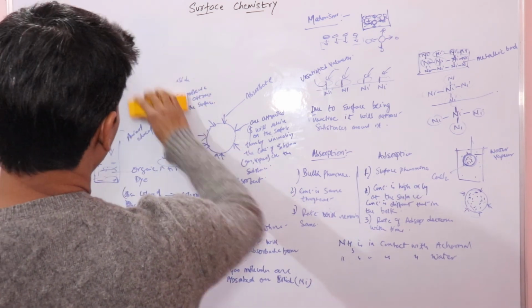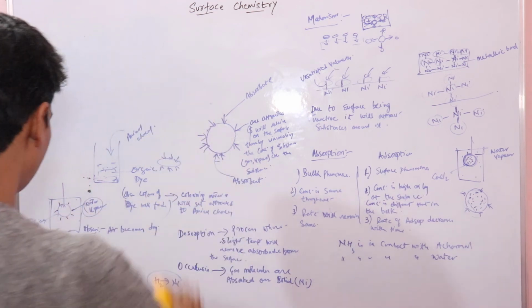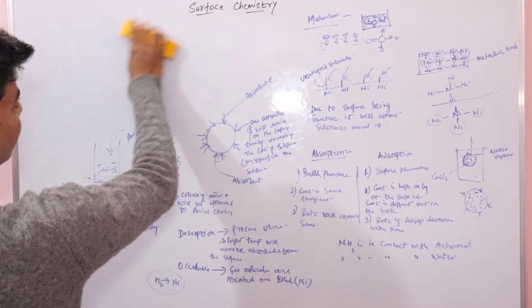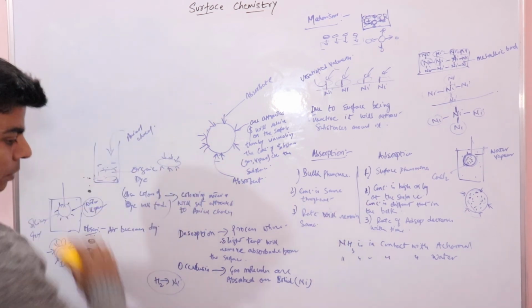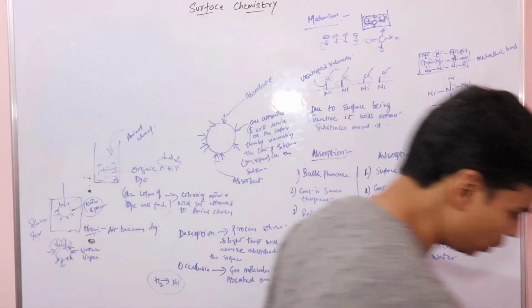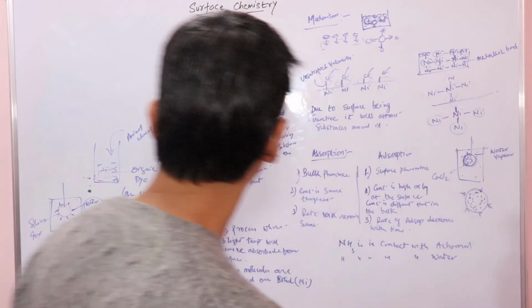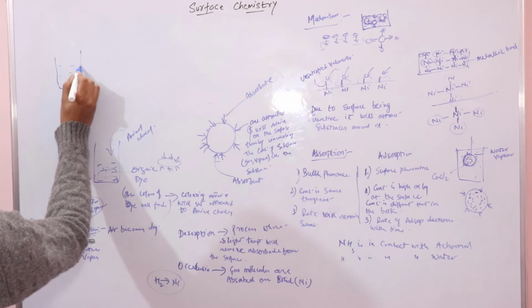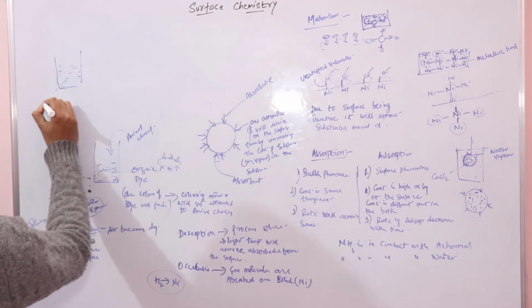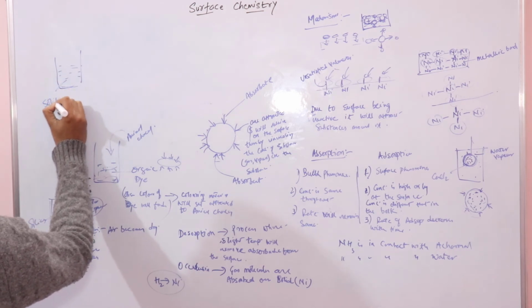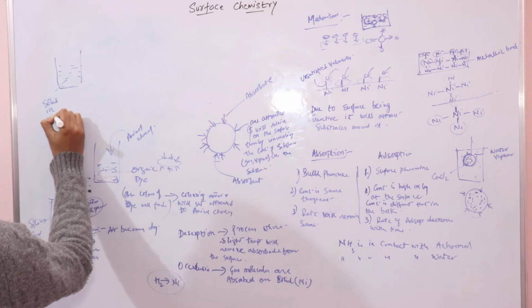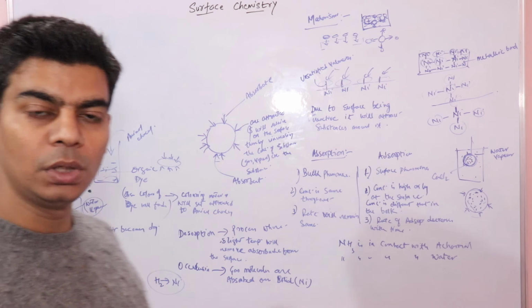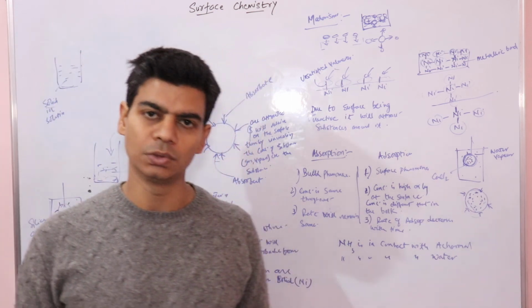If you take a solid, like we have taken this animal charcoal in organic dye, this solid will adsorb only solute particles, right? If you add, say, a solid in solution, this solid will attract only solute particles from the solution, right?